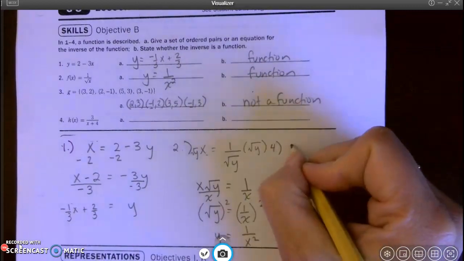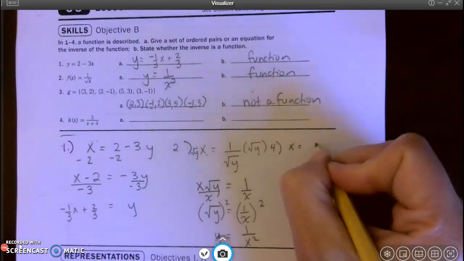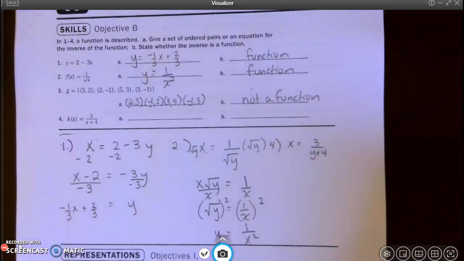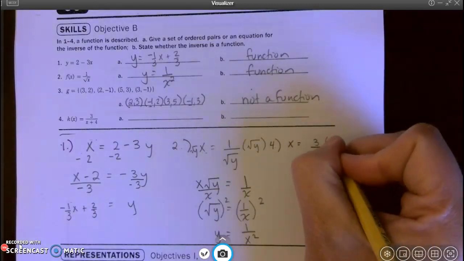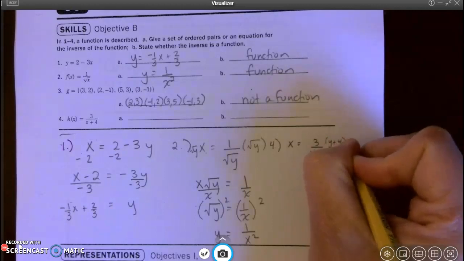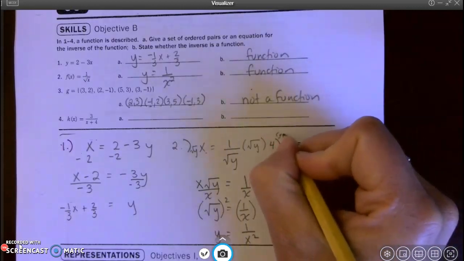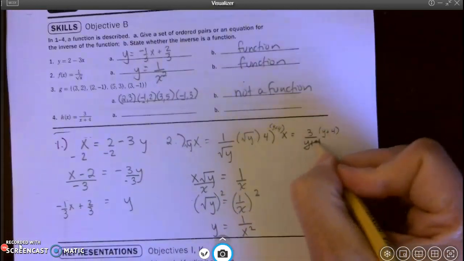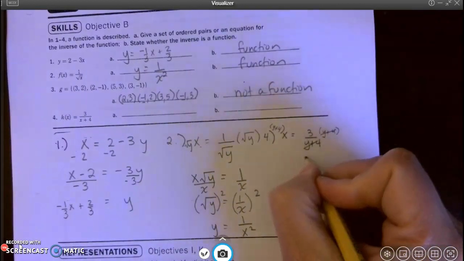Right, now let's look at number 4. And I'm going to switch x and y. x equals 3 over y plus 4. And I can't solve for y as long as it's in the denominator, so I'm going to multiply both sides by y plus 4. Here the y plus 4's cancel.